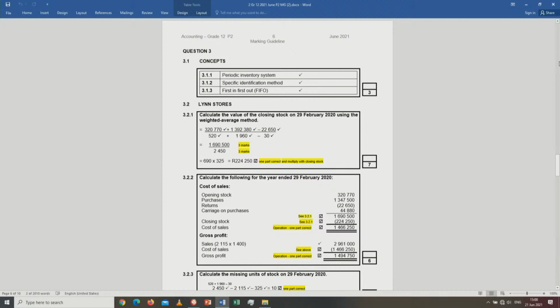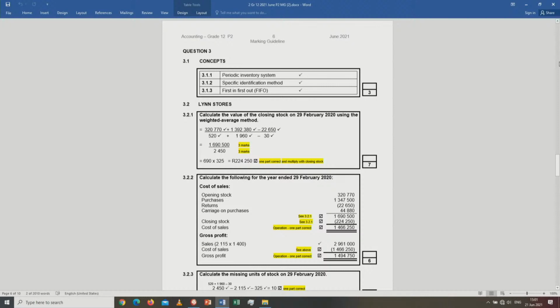3.2.1, calculate the value of closing stock on 29 February using the weighted average method. 1 mark for 320,770, 1 mark for 1,392,380, and 1 mark for minus 22,650. 1 mark below your line, 520 plus 1,960, another mark for minus 30.